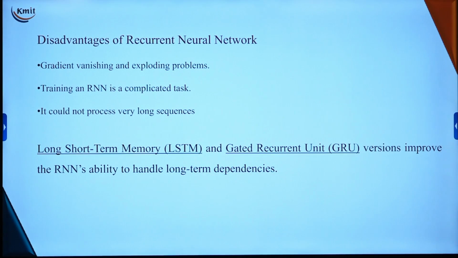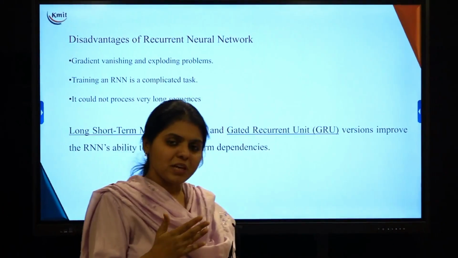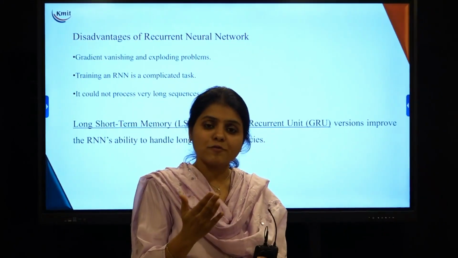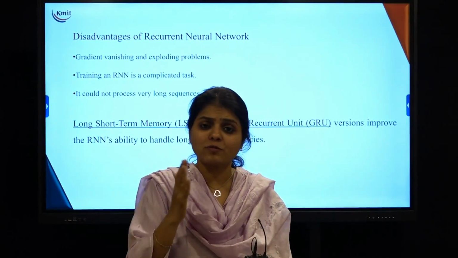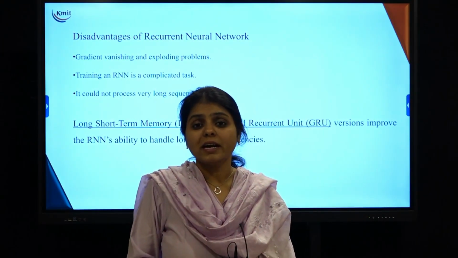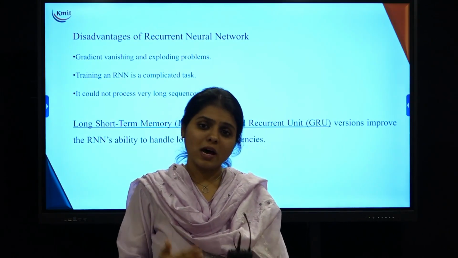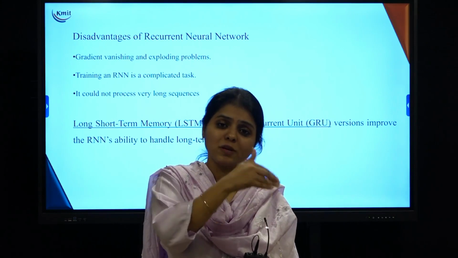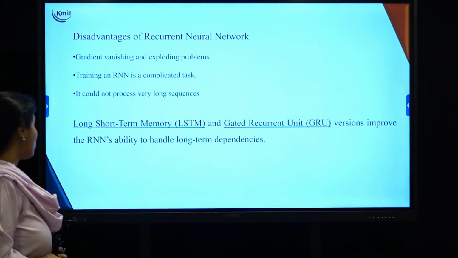When I talk about disadvantages, it is the same as in neural networks, where we have forward propagation, backward propagation, optimization, and updating weights, wherein we encounter gradient problems: vanishing gradients and exploding gradients. RNN also deals with coming back to the previous input, so we have the vanishing and exploding gradient problem here.